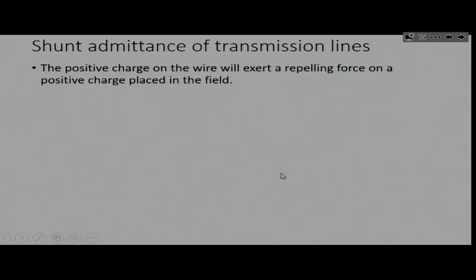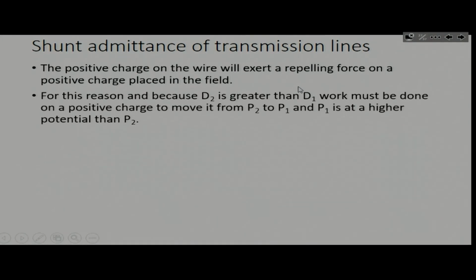Positive charge on the wire will exert a repelling force on a positive charge placed in the field. For this reason, and because D2 is greater than D1, work must be done on a positive charge to move it from point P2 to P1. And P1 is at a higher potential than P2.